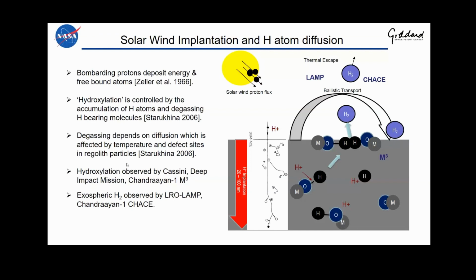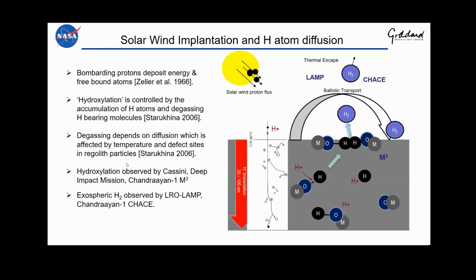They can also break bonds, and they can implant into the surface. When they break bonds, they can break a hydrogen bond. That hydrogen can subsequently diffuse by forming metastable bonds with oxygen as it comes to the surface. By one process, it can degas from the surface through recombinative desorption. So two H atoms can meet up and come off as H2.